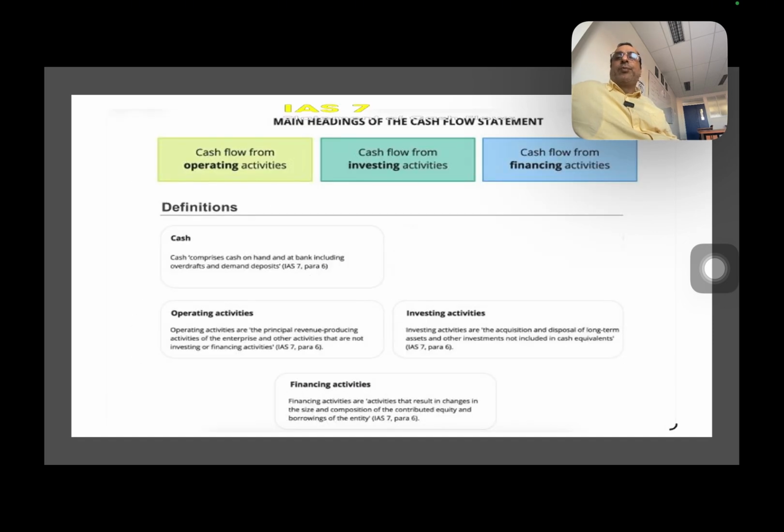Now, what activities do we include in the statement of cash flows as per IAS 7? All the activities which become the sources or applications of cash are categorized as operating activities, investing activities, and financing activities.